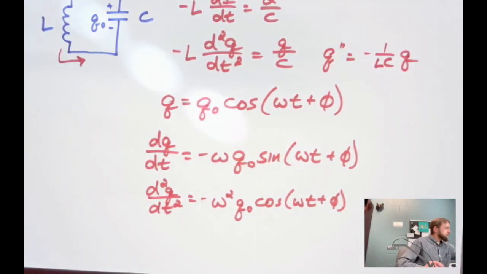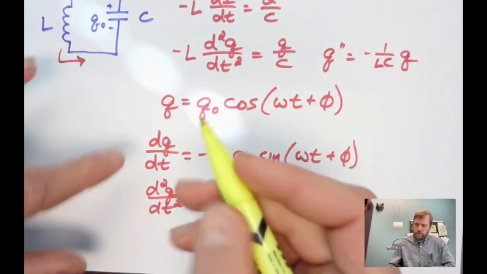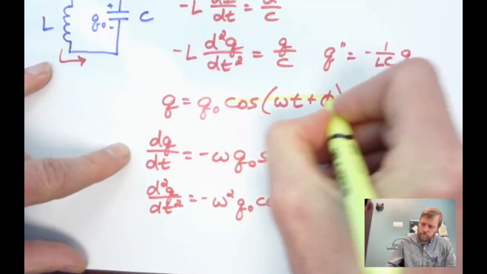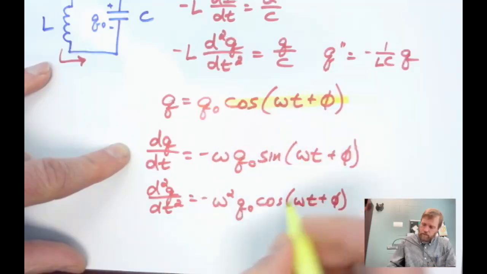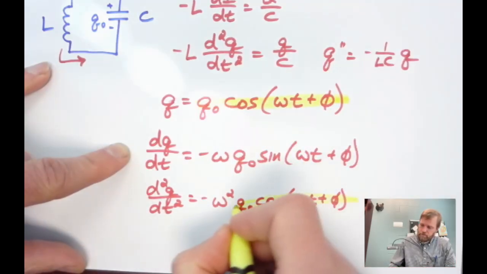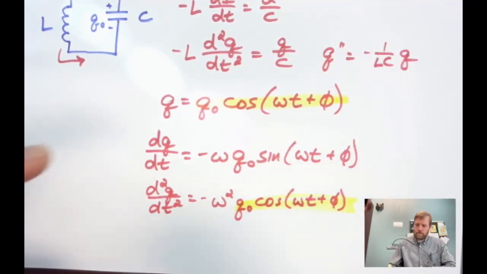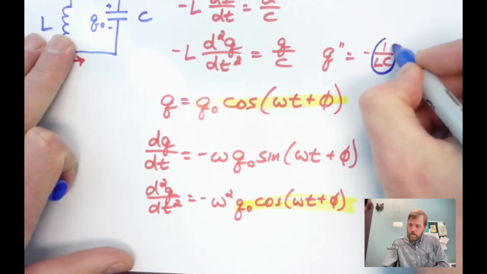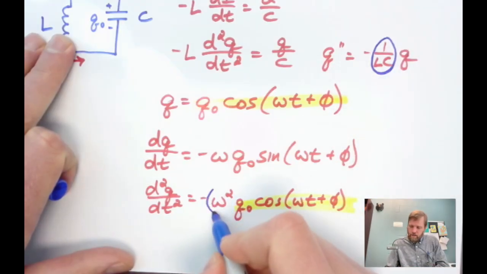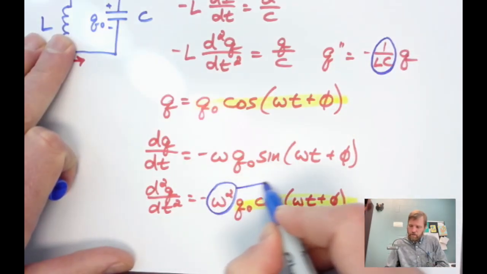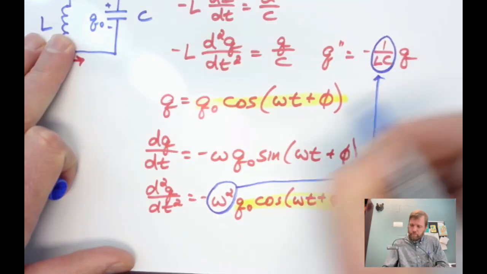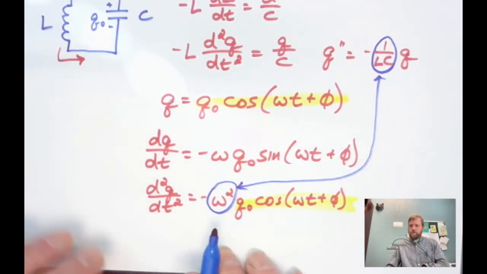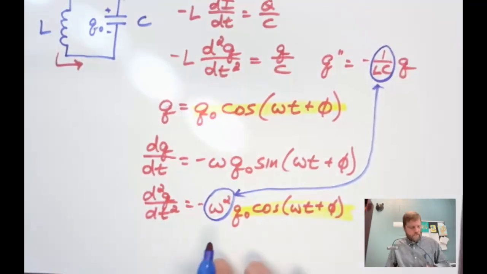Down here, that's all this stuff. I've got a negative sign. That means that this right here and this right here are equal. Those have to be the same, which it is.